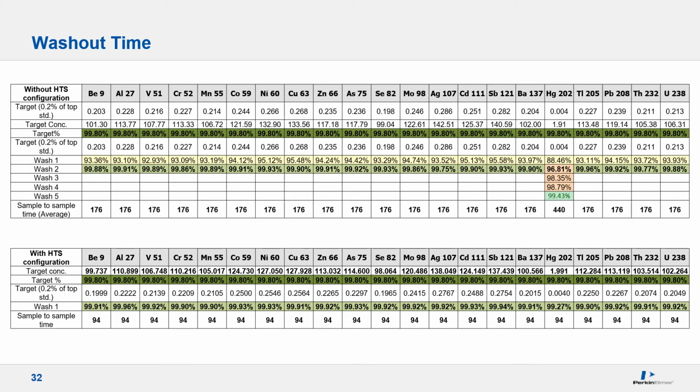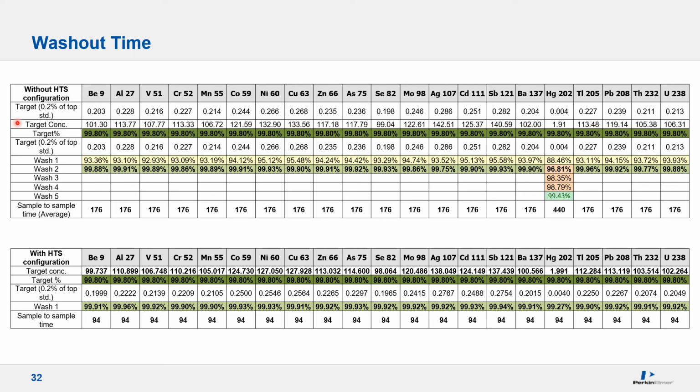In the top table, you can see the results without the HTS system, where the rinse was performed using the standard Perry pump. The analysis of the sample showed that there was a good recovery of the expected value.